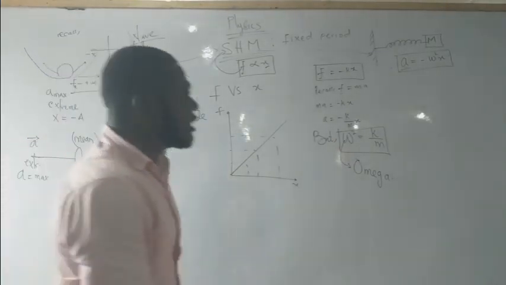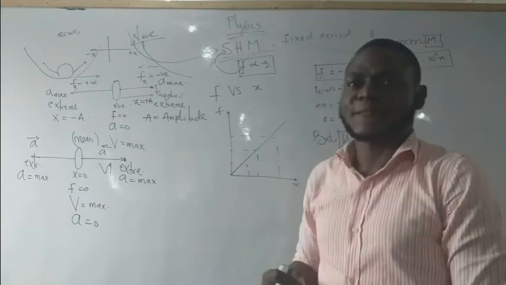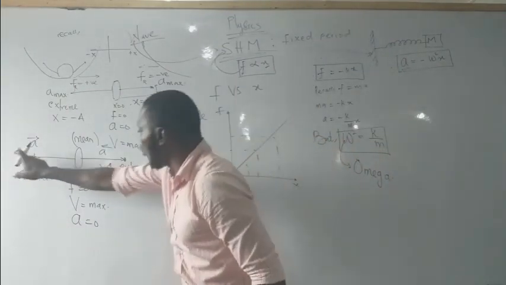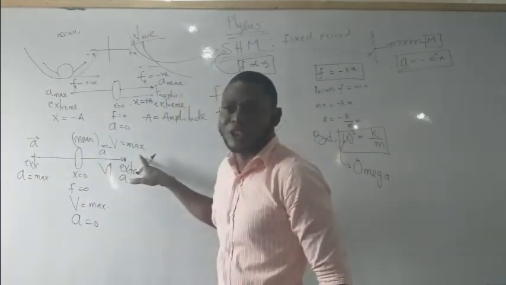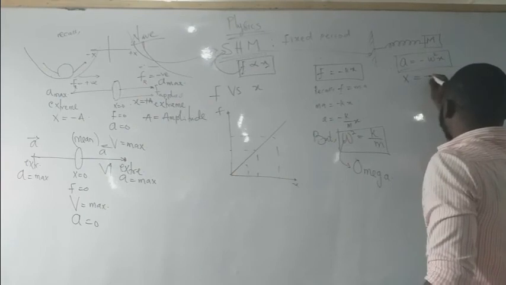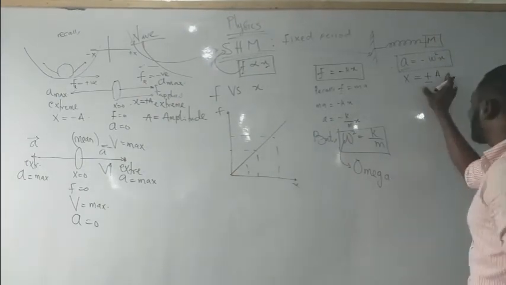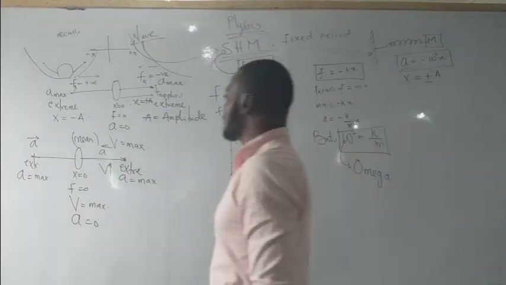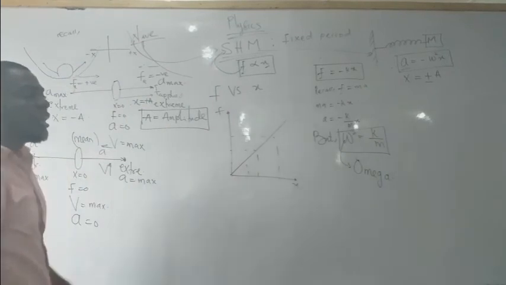Okay? So in order to get maximum acceleration, we need the 2 extreme positions. That is, x will be equal to plus or minus a, where x is the displacement and a means amplitude.